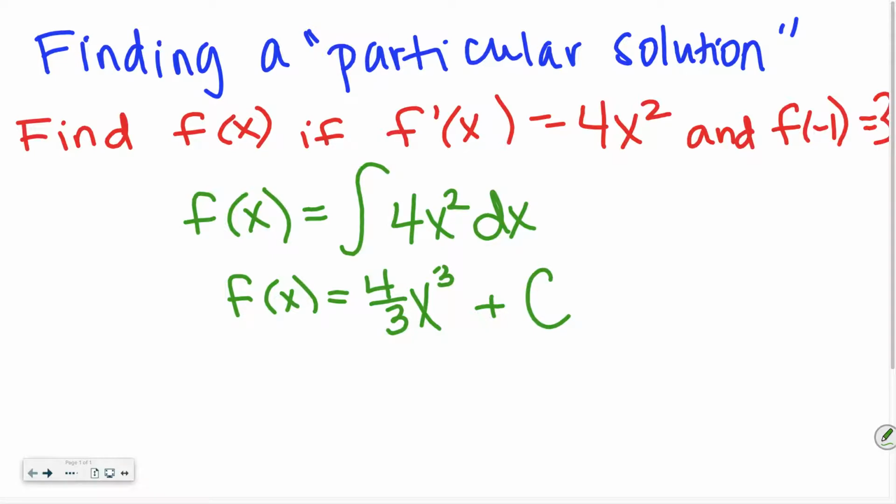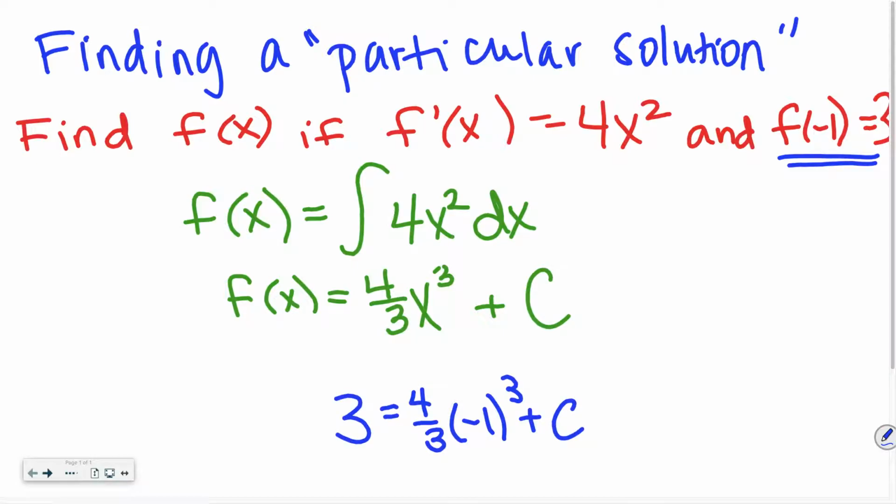But today, we know that f of negative 1 equals 3. So at this point, we can use that information. f of negative 1 equals 3. So we know that if we were to plug in negative 1 for x, our output should be 3.